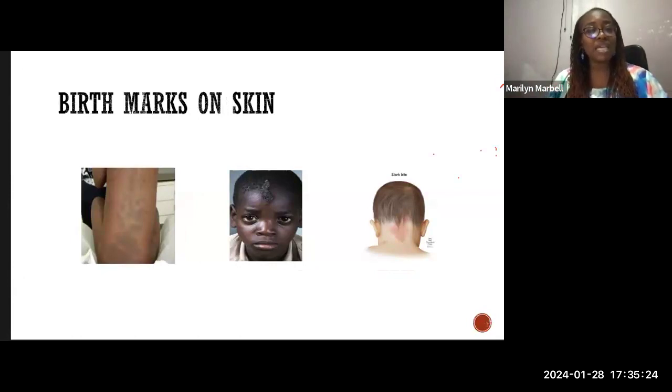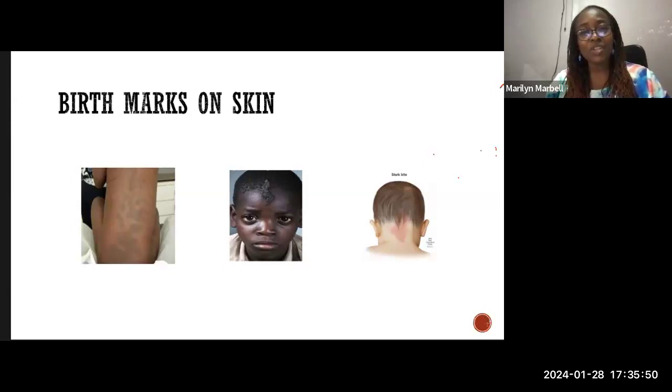So the first picture here we call Mongolian blue spots. These are just clusters of melanin, the thing that gives us the pigments in our skin. In Asian babies and African babies especially, sometimes they'll come out with these black patches at their back because they had too much melanin there.